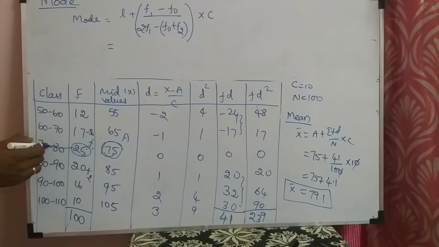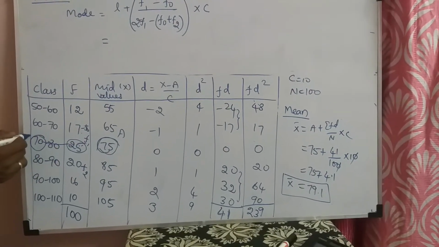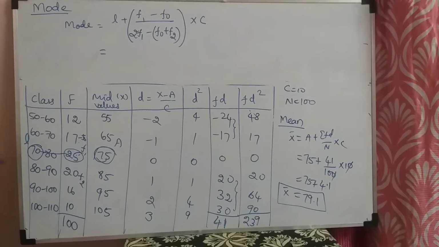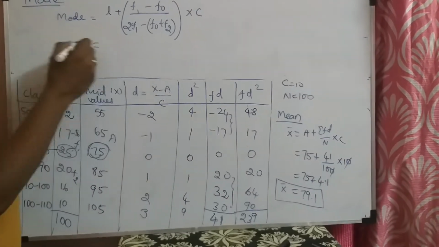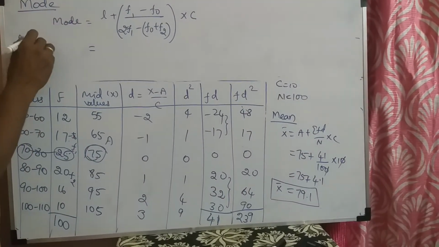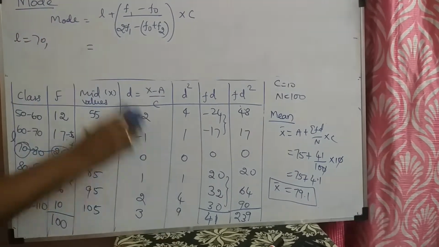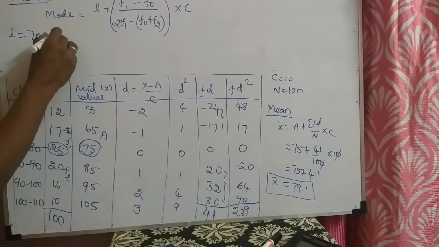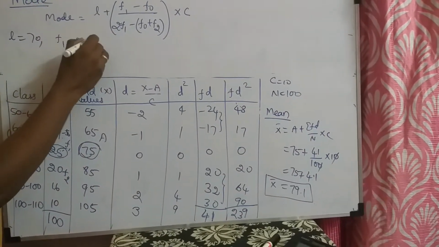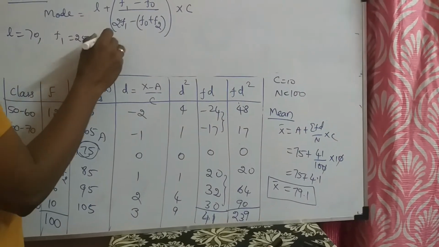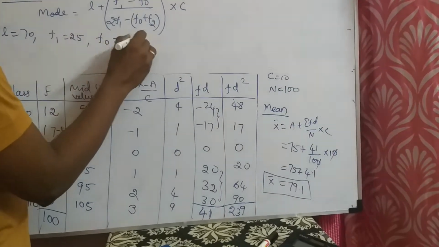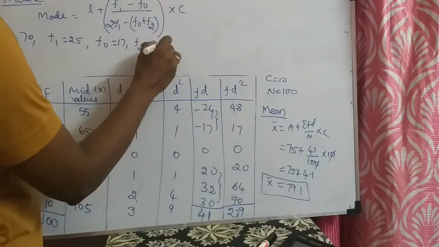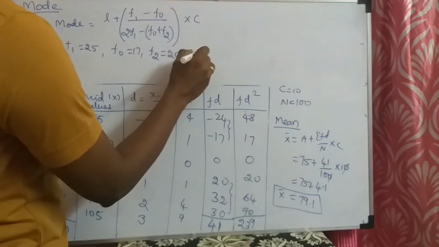The corresponding value of the highest frequency has to be the lower limit of the class. So here L is 70, F1 is 25, F0 is 17, F2 is 20 and C is nothing but 10.